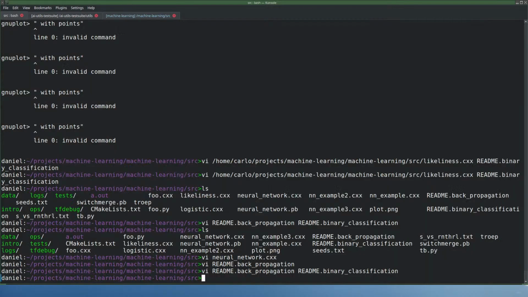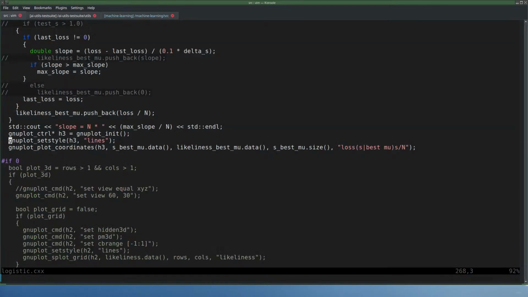I think I wrote a program that literally generated input data.